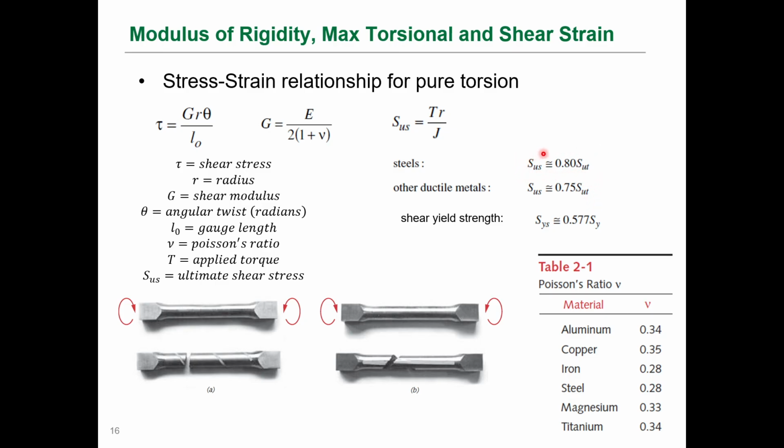If you're designing far away from your strength limits, then values like these can help you get started and go through the design and start to define geometries and shapes, things like that. And you can have a higher degree of confidence that you're going to be okay.